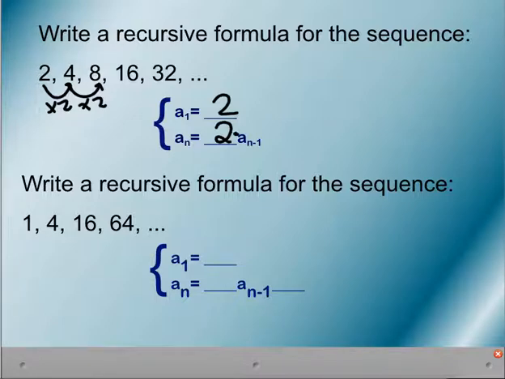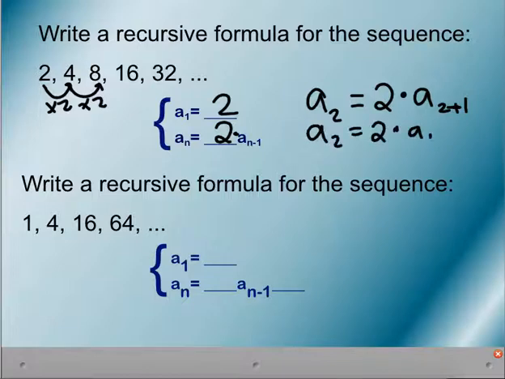If I wanted a sub 2, that means that I need to do 2 times a sub 2 minus 1. Should be a minus. And we have a sub 2 is equal to 2 times a sub 1, and we know that our a sub 1 is 2, which means I do 2 times 2, which is 4, which works out perfectly because that is my next term.